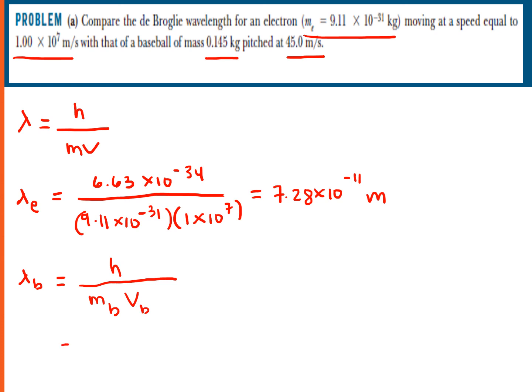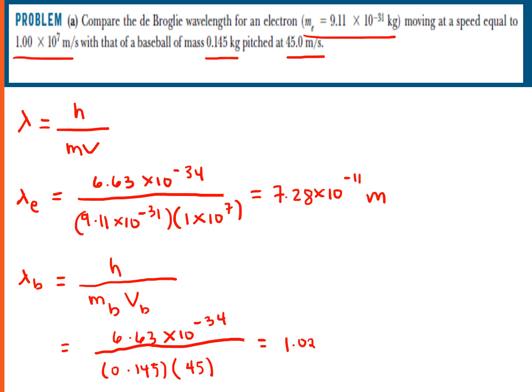So substituting those values, we will have 6.63 times 10 to the power of negative 34 for our Planck's constant, divided by the mass of the baseball in kilograms, that's 0.145 kilograms, and its speed, which is 45 meters per second. That gives us 1.02 times 10 to the power of negative 34 meters.